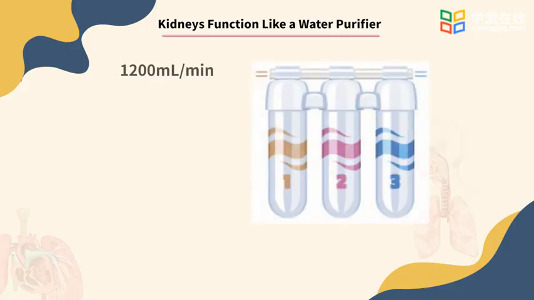Kidneys function like a water purifier. About 25% of cardiac output goes to the kidneys. Every minute, kidneys filter 1,200 milliliters of fluid from the blood.